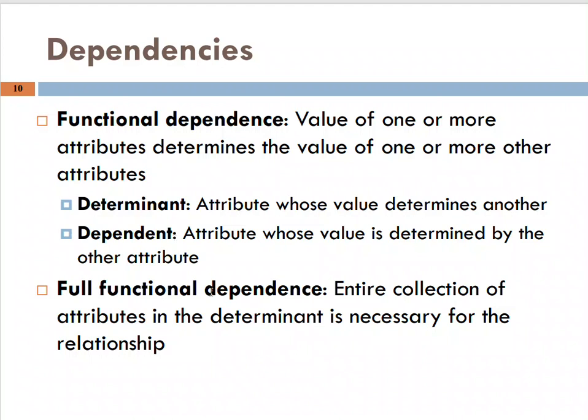Okay, full functional dependence. Entire collection of attributes in the determinant is necessary for the relationship. Okay, let me give you one example of full functional dependence. Okay, contohnya student last name and student first name can determine his or her CGPA.